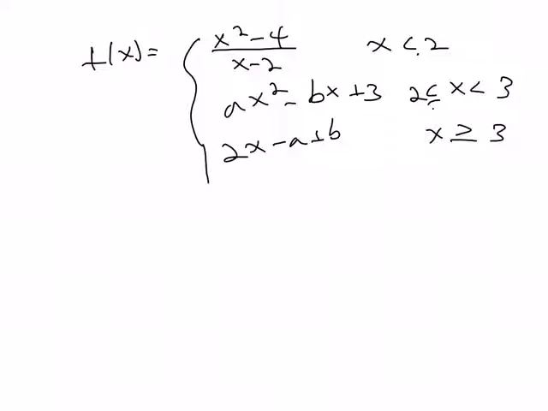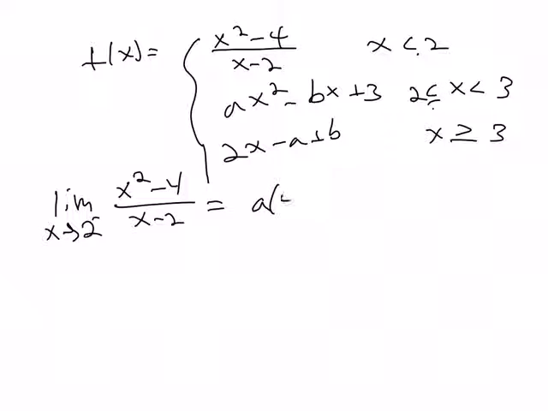Okay, so we want the limit as x approaches 2 from the left of x squared minus 4 over x minus 2. We want this to equal, now we're going to plug into a, so a times 4 minus b times 2 plus 3.